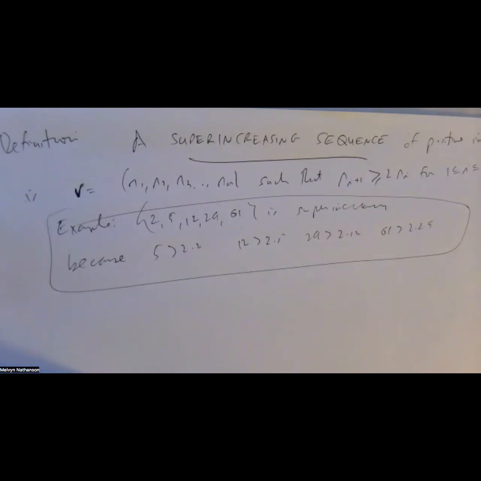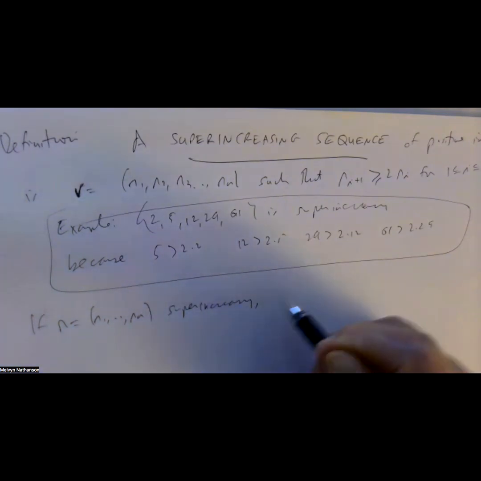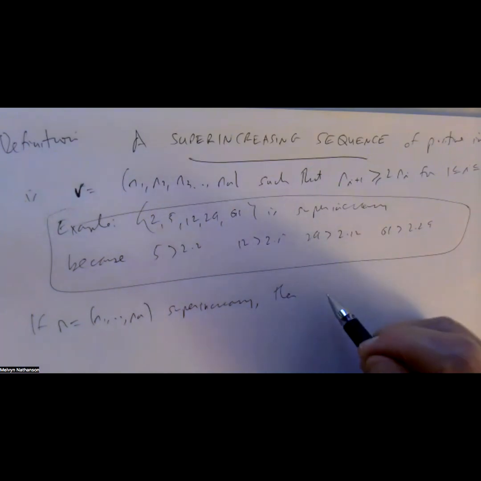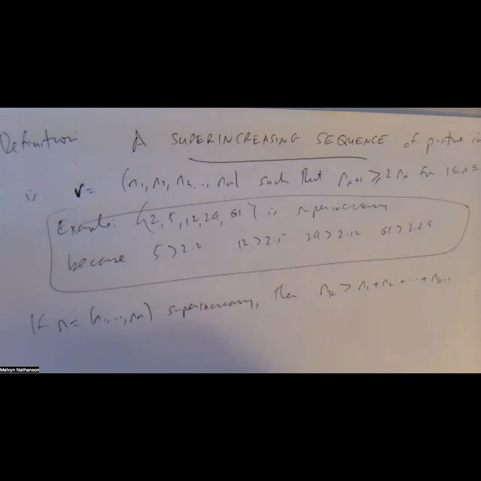And a super increasing sequence has the property that, if r_1 up to r_n is super increasing, then in fact, for every k, r_k is bigger than the sum of all of the previous terms.